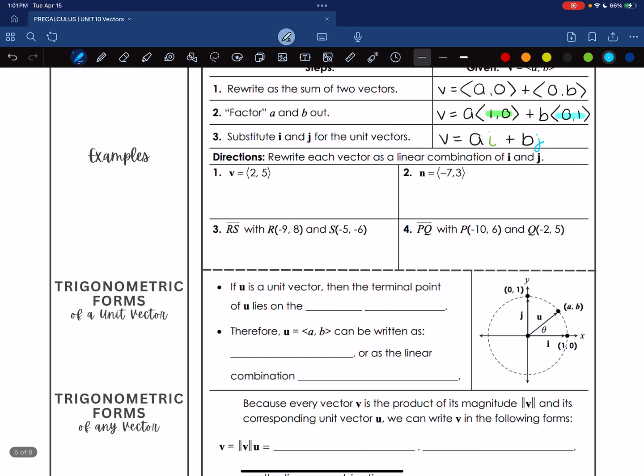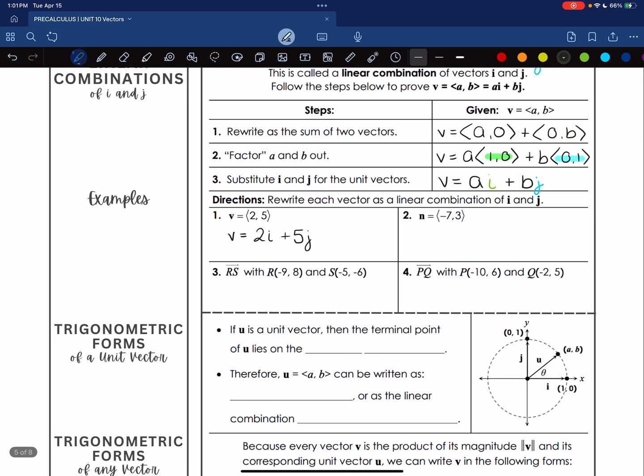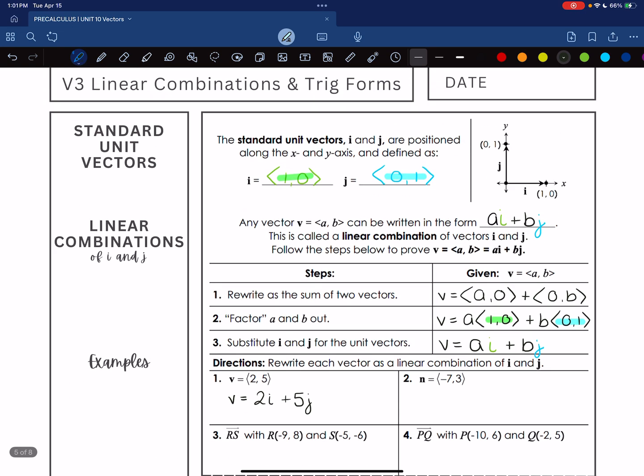So vector v here in this first example would be rewritten as 2 times the standard unit vector i, added to 5 times the standard unit vector j, where i is this horizontal unit vector, and j is this vertical unit vector.